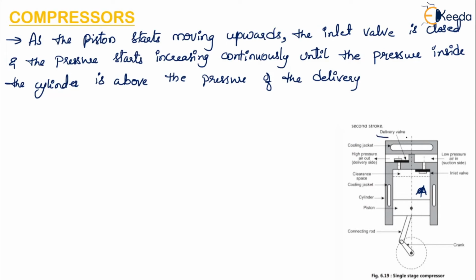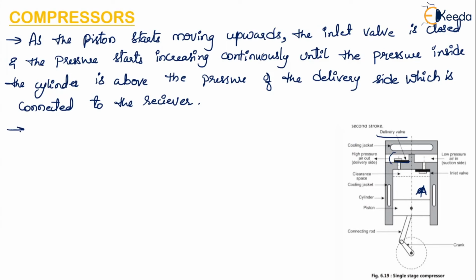This is the delivery valve here, the portion in black color. The pressure will increase up to a point which is more than that of the pressure on the delivery side, which is connected to the receiver.